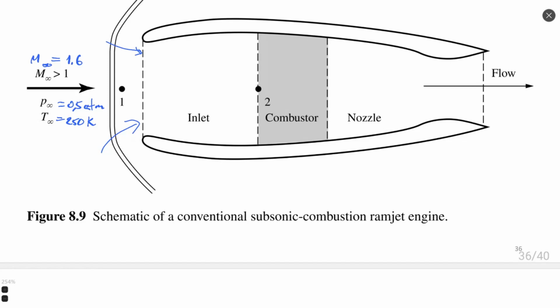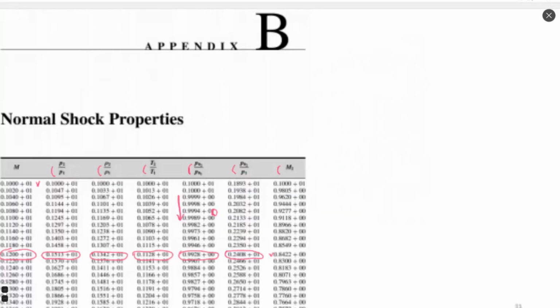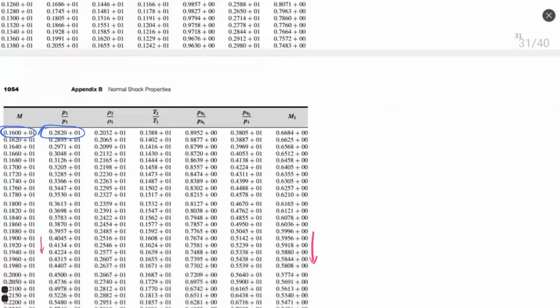So let's use theory of normal shock waves to calculate. I will write according to the equations P1 by P infinite. So we have to divide the value after the shock wave by the parameter before the shock wave.